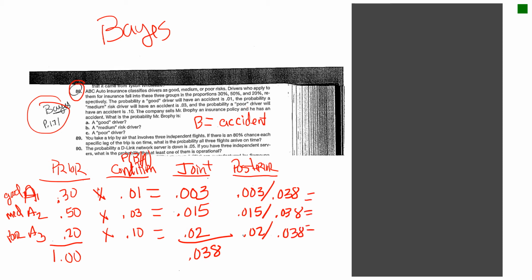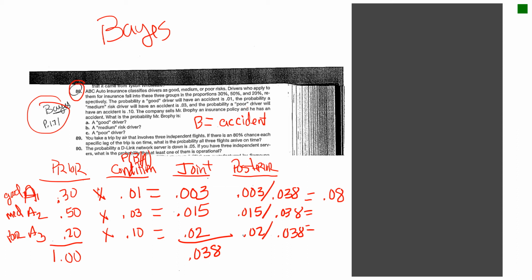And then typically when I get to this posterior column, you could always round these to 2 decimals. So 0.003, if I do this on my calculator, 0.003 divided by 0.038, rounded, that's about 0.08. So let's just round this to 0.08.